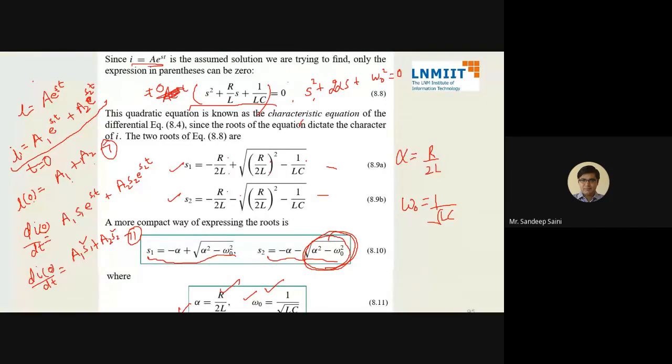Because that will decide what type of roots you are going to get: simple real distinct roots, equal roots, or complex roots. Is it okay? That will only change the values of S1 and S2. The remaining process will remain the same.